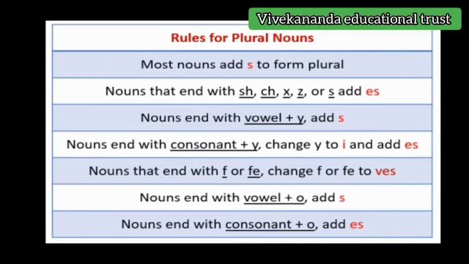If the noun ends with f or fe, we have to change the f or fe into ves. When the noun ends with vowel plus o, then we have to add s. When the noun ends with consonant plus o, then we have to add es. So children, these are the rules we have to follow when we change a singular noun into plural noun.